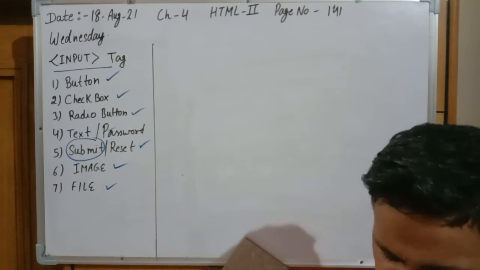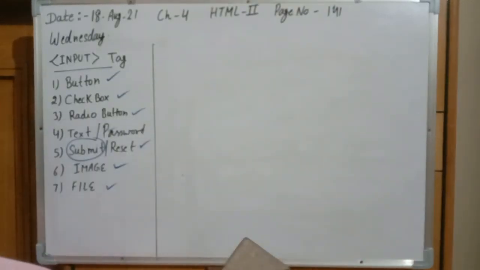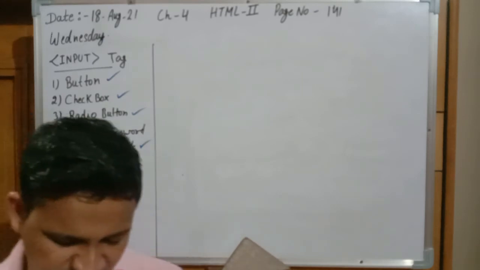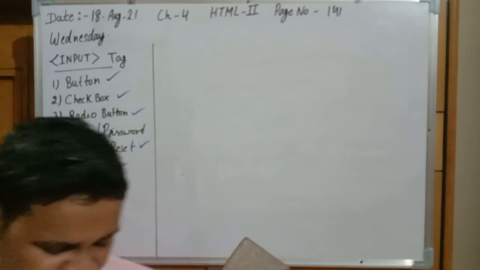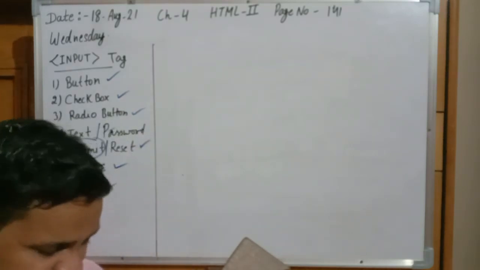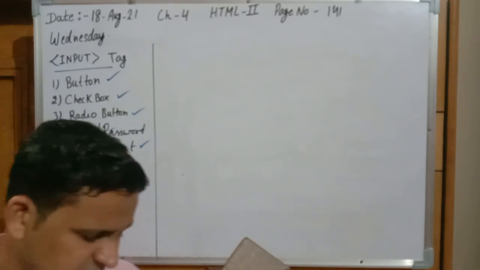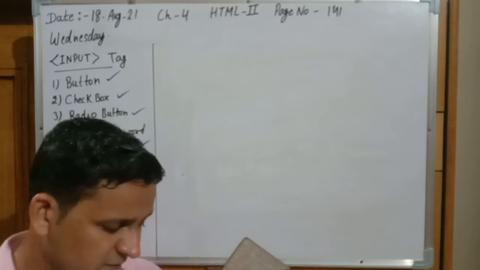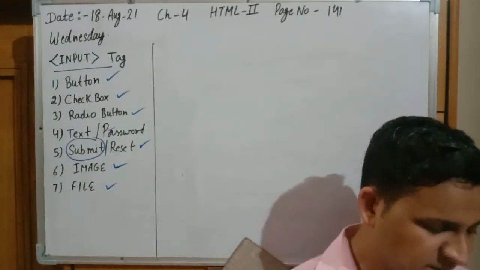They have written transgender, then a radio button is designed. That's why three radio buttons are there. One is for female, one is for male, and one is for transgender. After that they have again designed input type is equal to submit button, and the second attribute they have taken is name is equal to S, and the value in the submit button is also submit. So the output displayed on page number 143 will be displayed as usual.